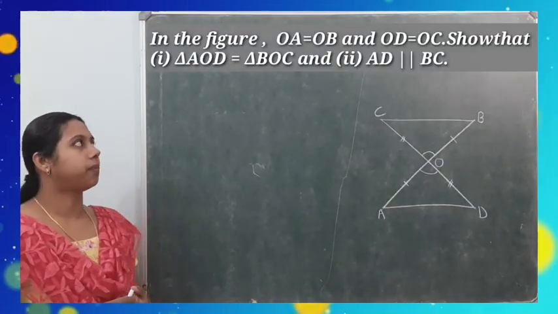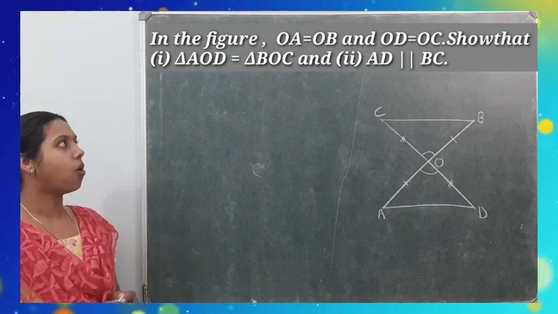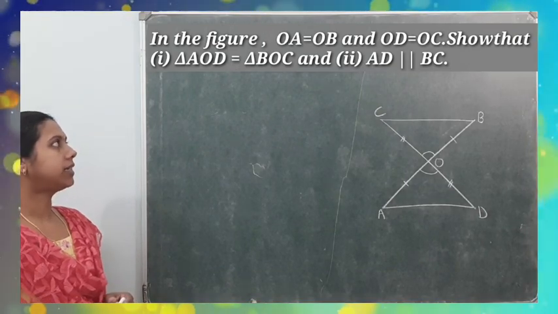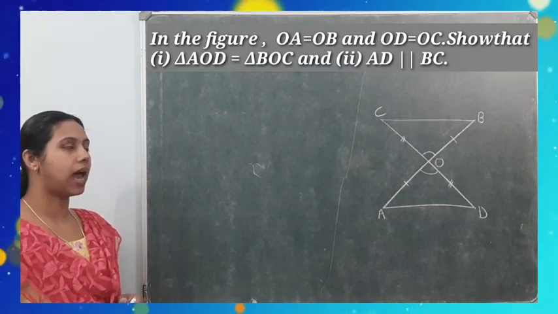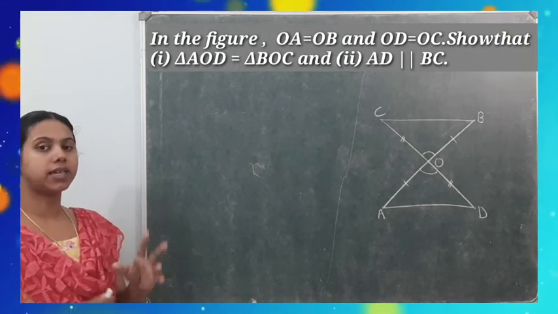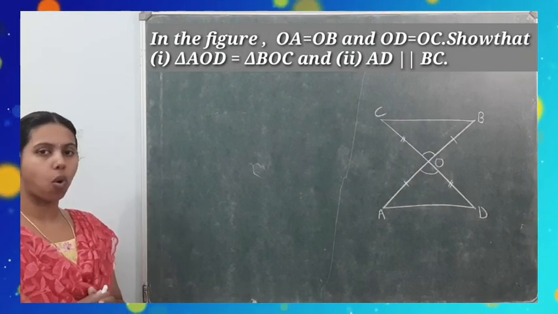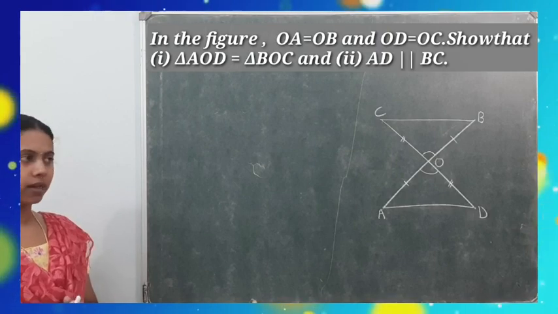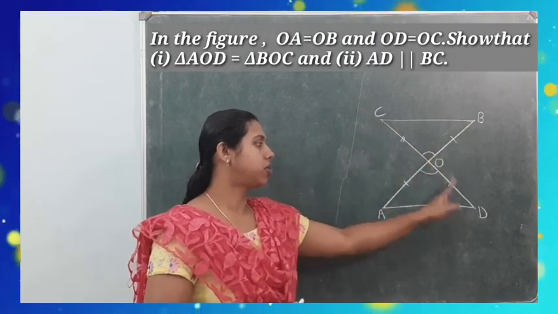See this question. In the figure, OA is equal to OB, OC equal to OD. Show that triangle AOD is congruent to triangle BOC and AD is parallel to BC. Two things are given to you: AO equal to OB, OC equal to OD.